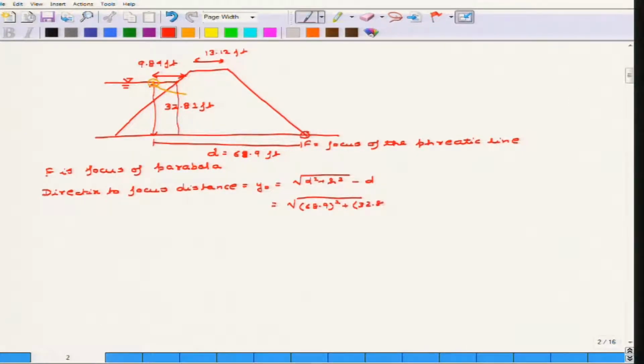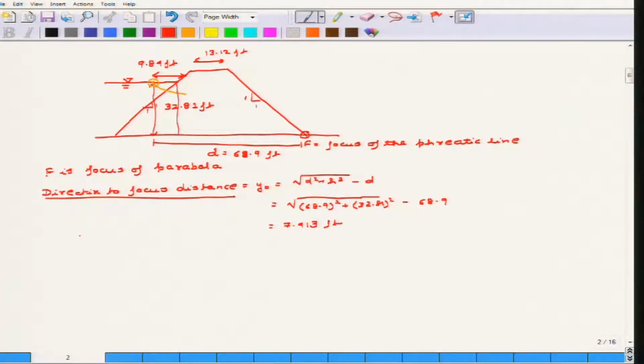So that is 32.81 square, minus 68.9, which is equivalent to 7.413 feet. Remember that these slopes are in 1:1, that means they are in 45 degree. So now we have known the distance of directrix to the focus.